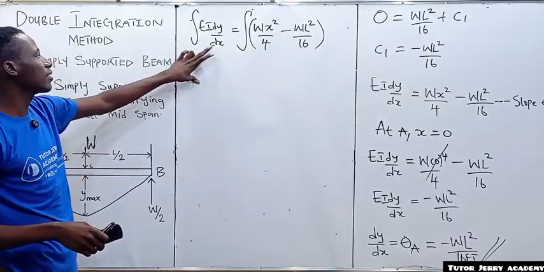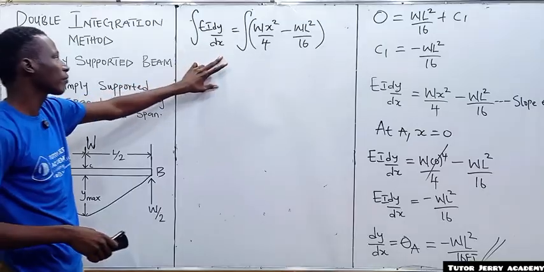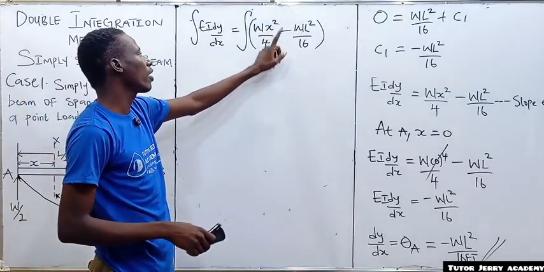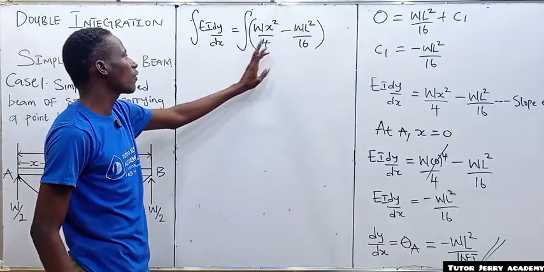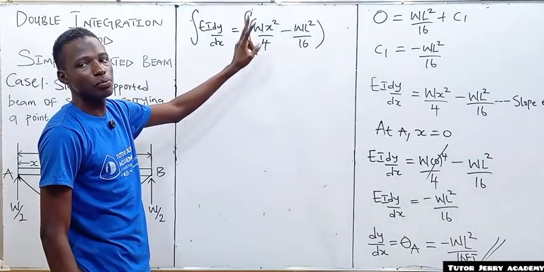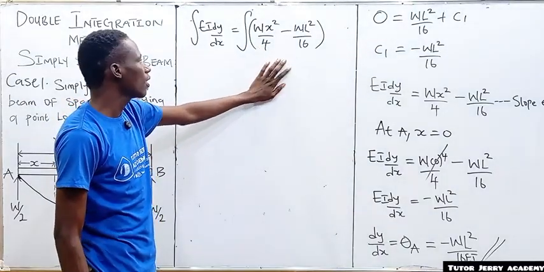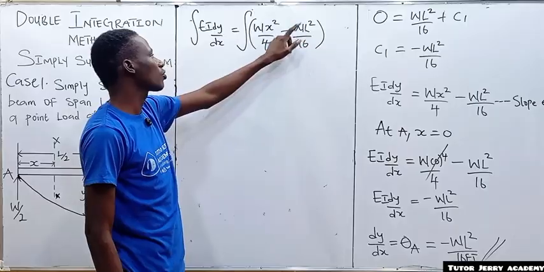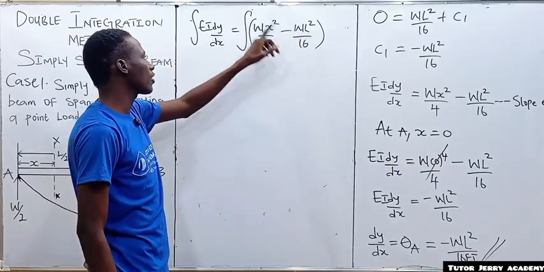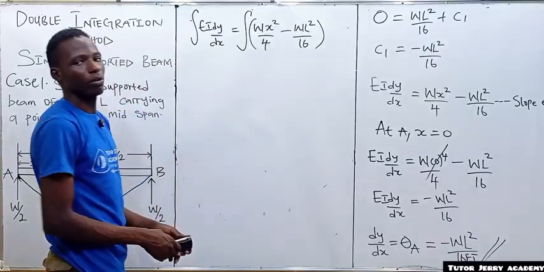If you integrate EI dy over dx, you have EI y. If you integrate W x squared all over 4, you have W x cubed all over 3 times 4, which is 12. If you integrate W L squared all over 16, you have W L squared x all over 16.